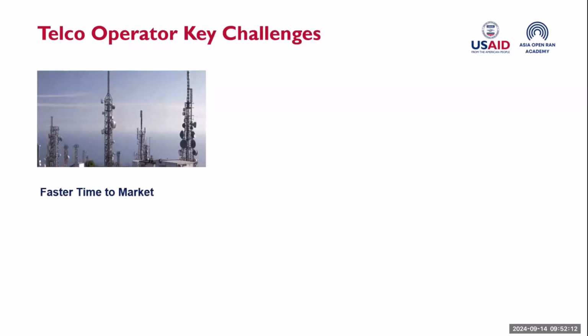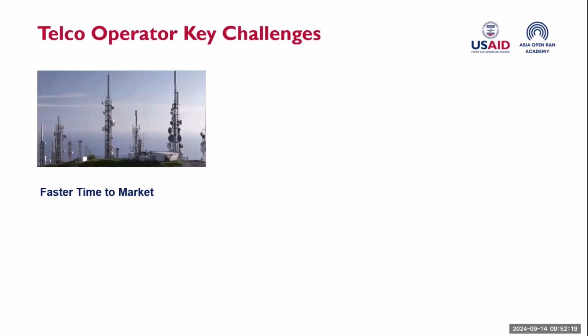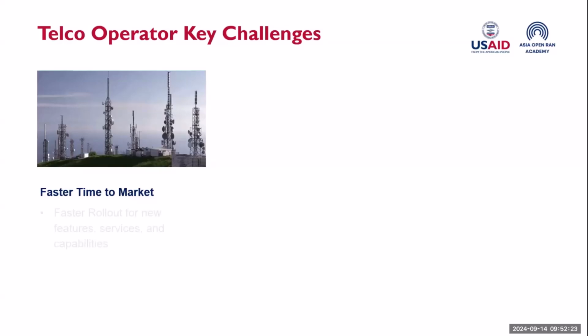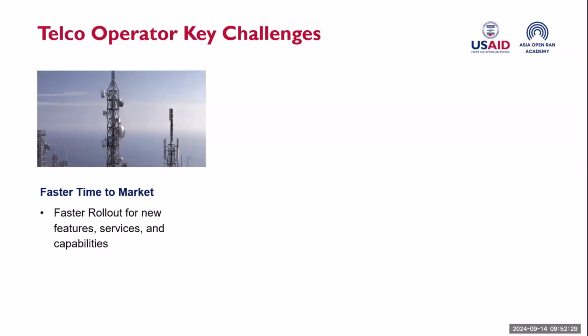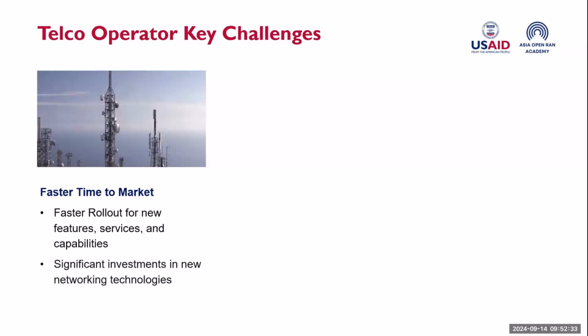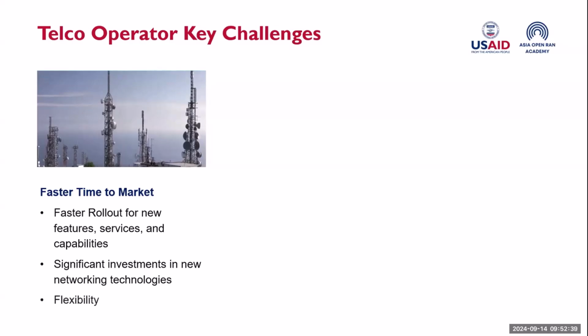Whenever there is a new technology like 5G, and new features like massive MIMO, services, and capabilities, they need to deploy it fast. Deploying a fast rollout to the market requires significant investment in new networking technologies, and it also involves flexibility.